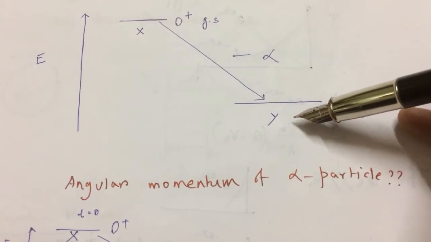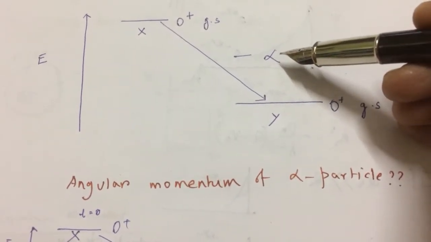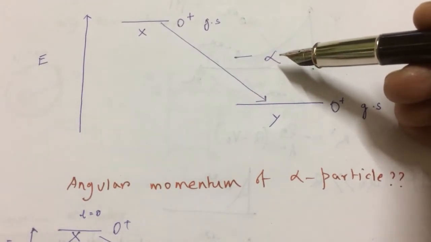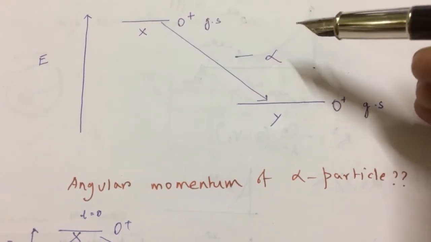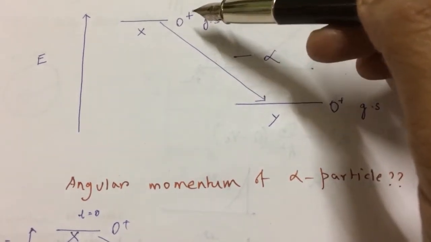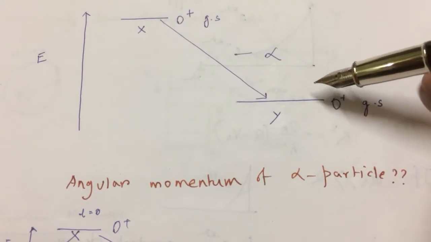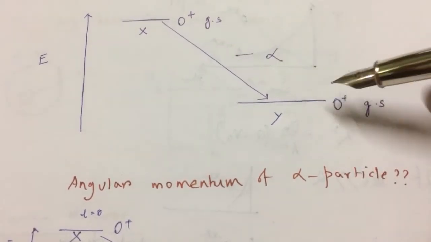This is also an even nucleus, because alpha has Z equal to 2 and A equal to 4. Then the ground states of parent and product are both 0 plus and 0 plus.